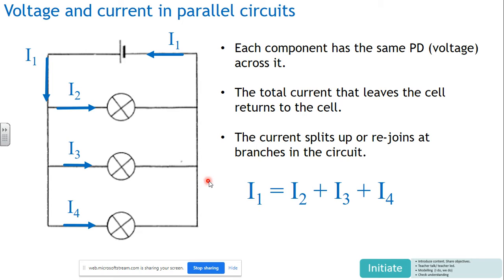Okay, and I know this little formula at the bottom here, that the current that leaves the cell must be equal to all these 3 there. Okay, and they obviously all join back up and come back into the cell. So each component gets the same potential difference or voltage, and the total current is that. Okay, that's a basic note. Do you get that? Let's move on.